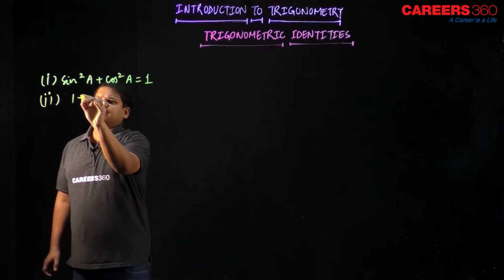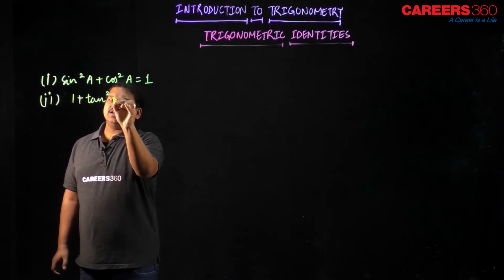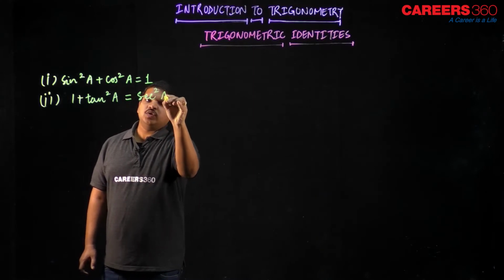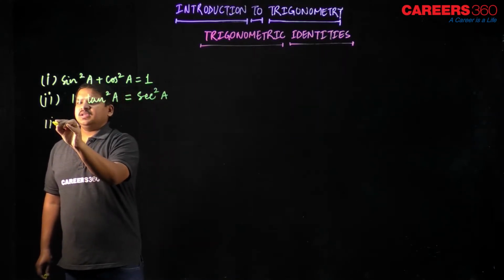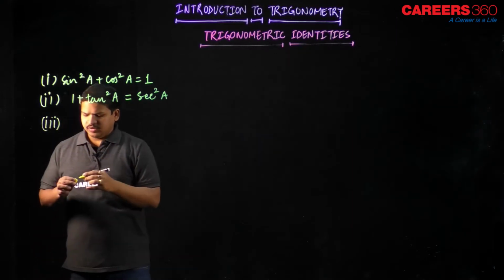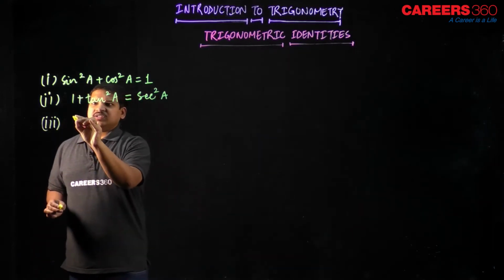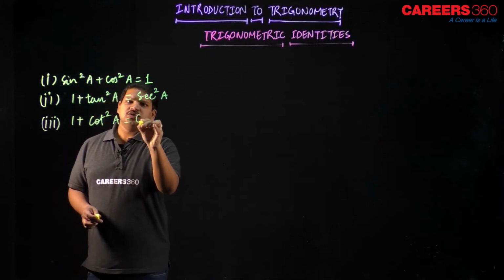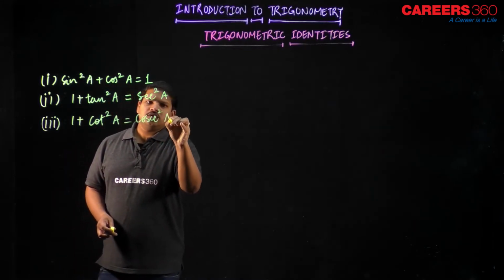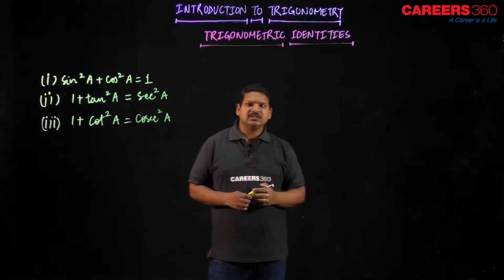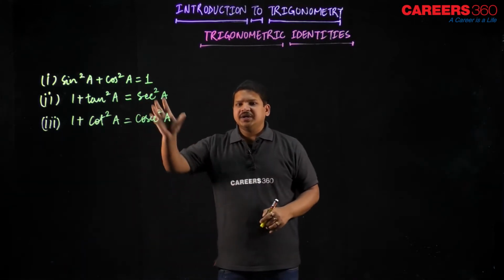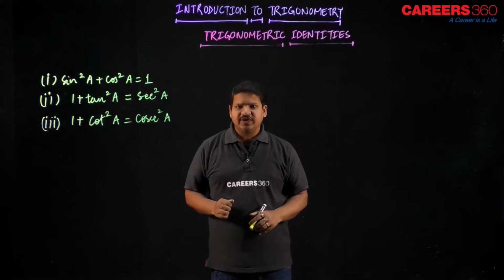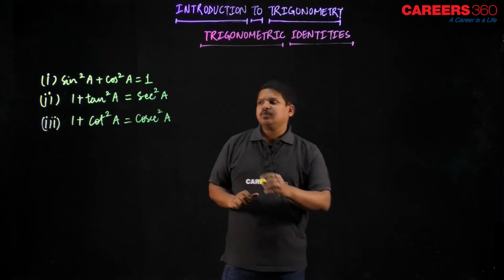Second one is 1 plus tan square A is equals to sec square A, and the third one is 1 plus cot square A is equals to cosec square A, right? These are the three identities in trigonometry, and they hold true for all the values of A. Now let us see their proof quickly.